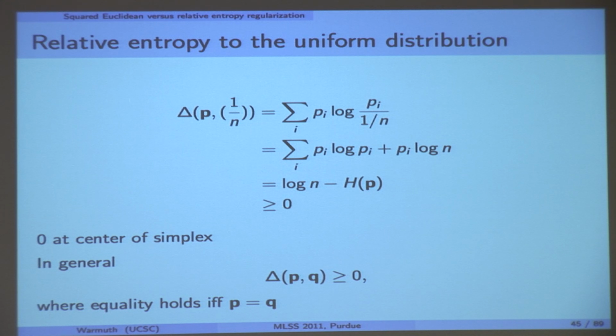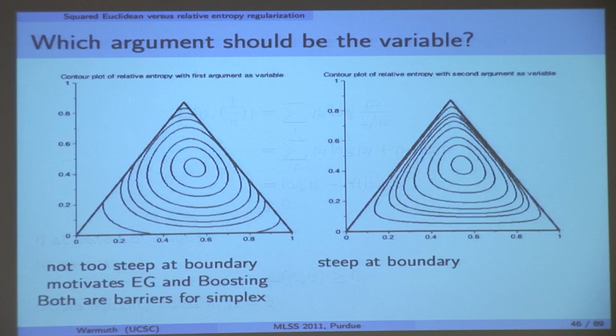So let me show you in plots what's happening. In plots, this is first argument. Okay, first argument. It reaches into the corners, as you see here. The target distribution was a little bit off center to make a point.